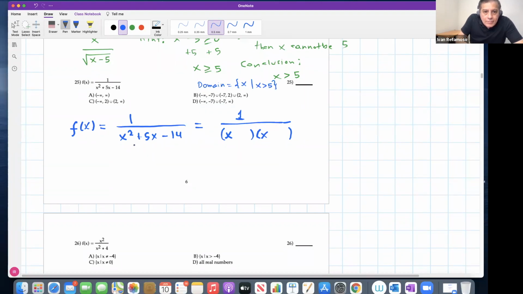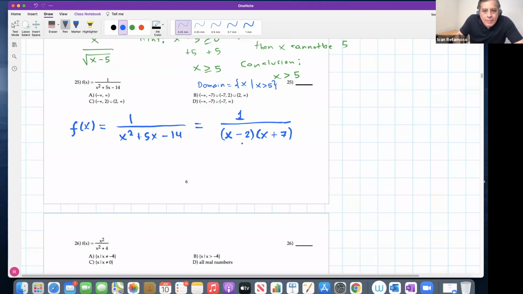Factoring this quadratic trinomial, we look for two numbers whose product is 14 and whose sum is 5. After some trial and error, those numbers are 7 and 2. Minus here, plus here, so the sum is 5.